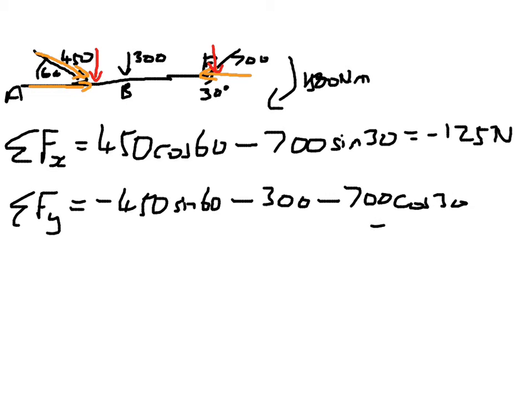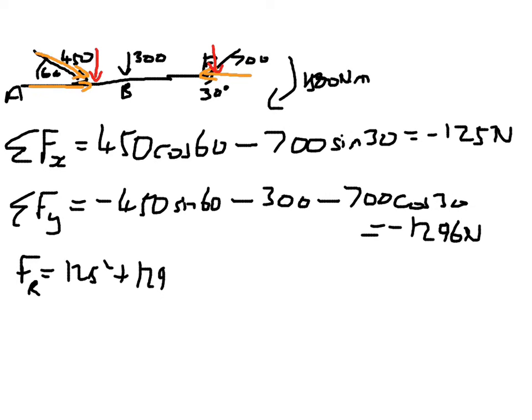Which will total minus 1,296 newtons. So my magnitude of my resultant force will then equal 125 squared plus 1,296 squared, square rooted, which equals 1,302 newtons.